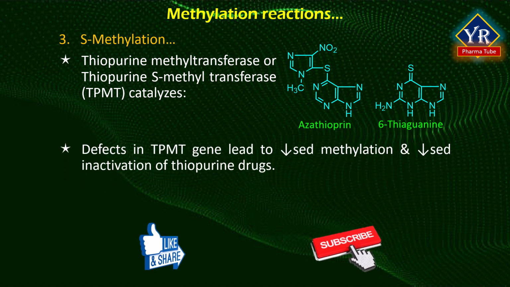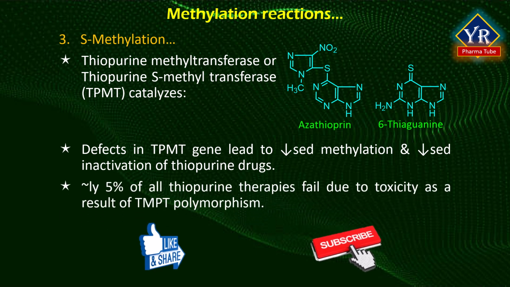Defects in the TPMT gene lead to decreased methylation and decreased inactivation of the thiopurine drugs, leading to enhanced bone marrow toxicity that may cause myelosuppression, anemia, bleeding tendency, leukopenia, and infection. Approximately 5% of all thiopurine therapies will fail due to toxicity as a result of TPMT polymorphism.